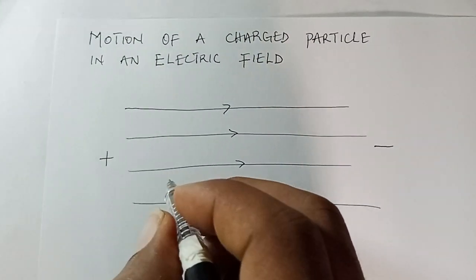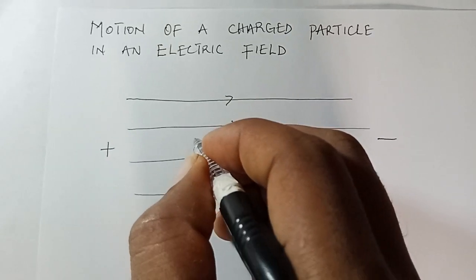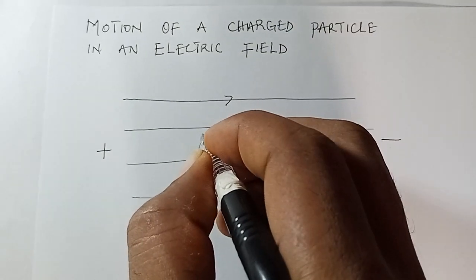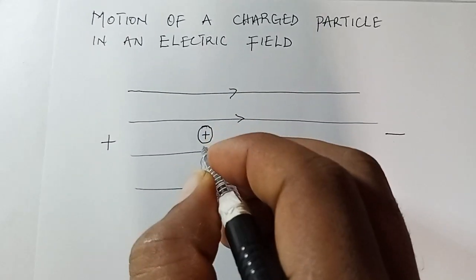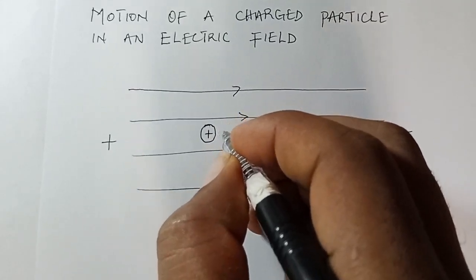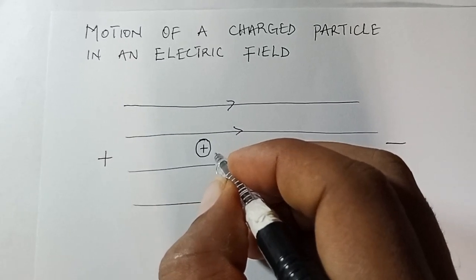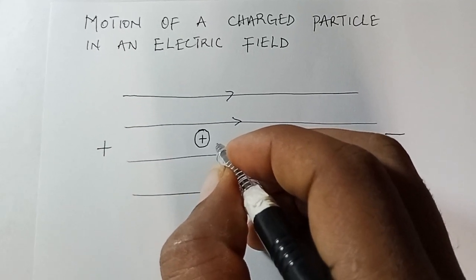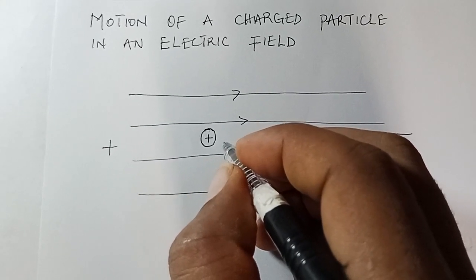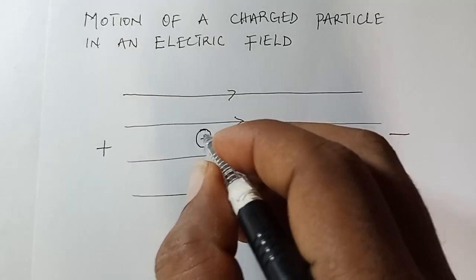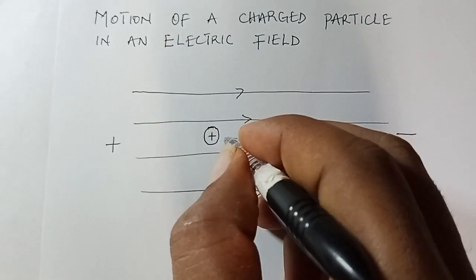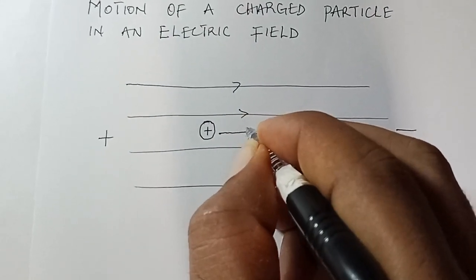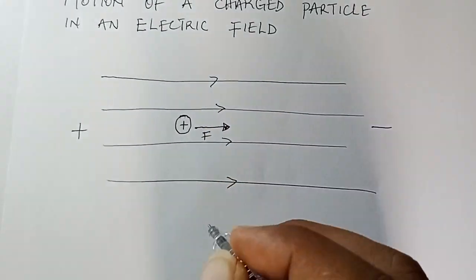So if we now put a charge inside this electric field, like in the previous topic we said, if a charge is introduced into this electric field, it feels a force. And naturally, force makes an object move. So if this is a positive charge, of course, it's going to repel this positive charge here, so it's going to face a force that moves in this direction.